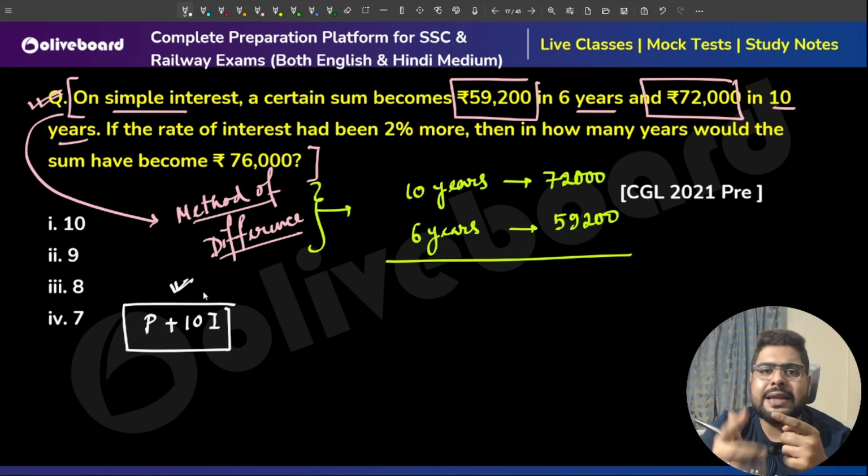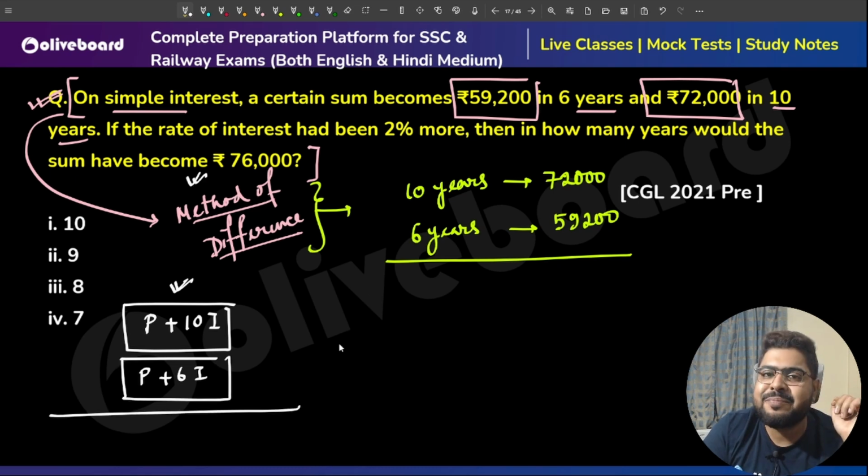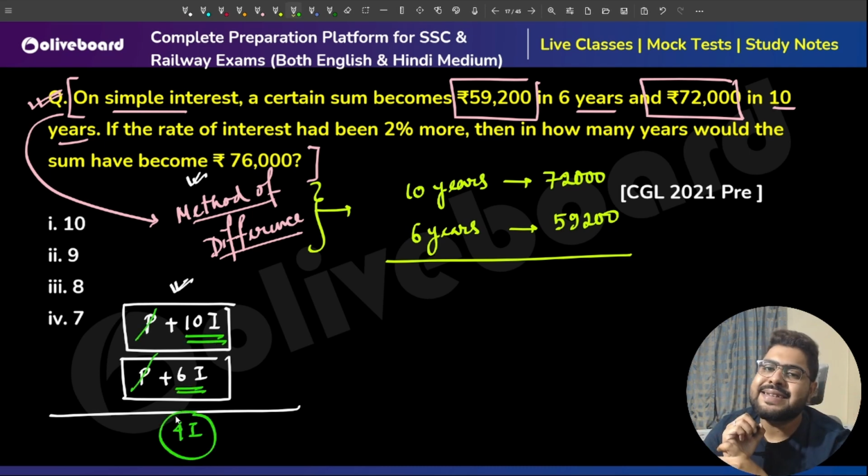Every year I get the same interest, so if I get I rupees every year, in 10 years I'll get 10 into I. So for 6 years, I'll get P plus 6 times I. Now you see why this method of difference works. If I take the difference, P cancels and we only end up getting the 4-year interest, 10I minus 6I.